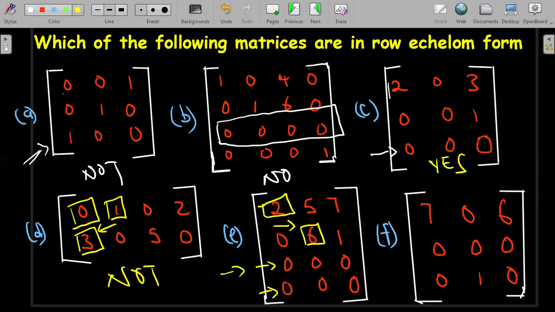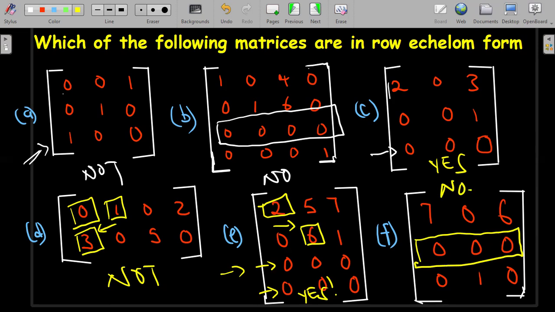So we're going to say this one on E is indeed in row echelon form, so we say yes. And then the last one there is not in row echelon form, as long as you see that this zero row here is not at the bottom. So here we say no.